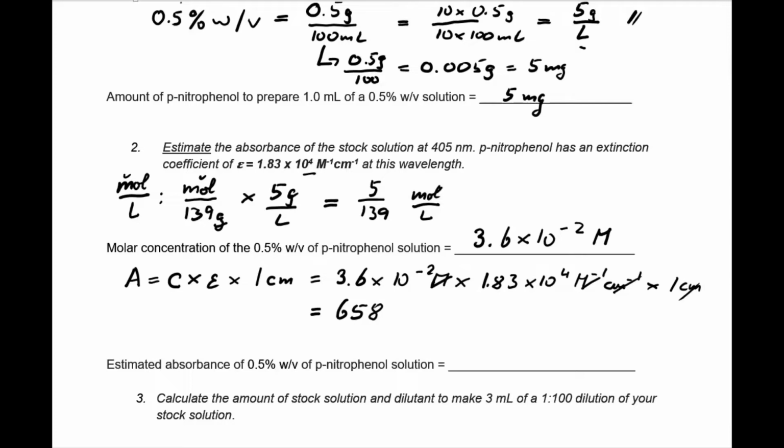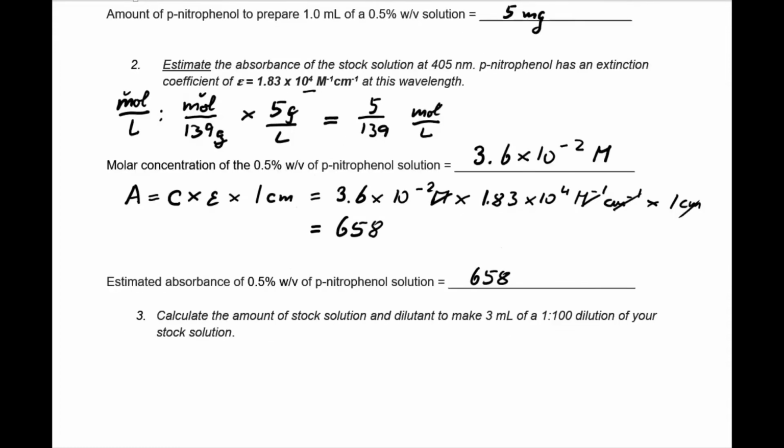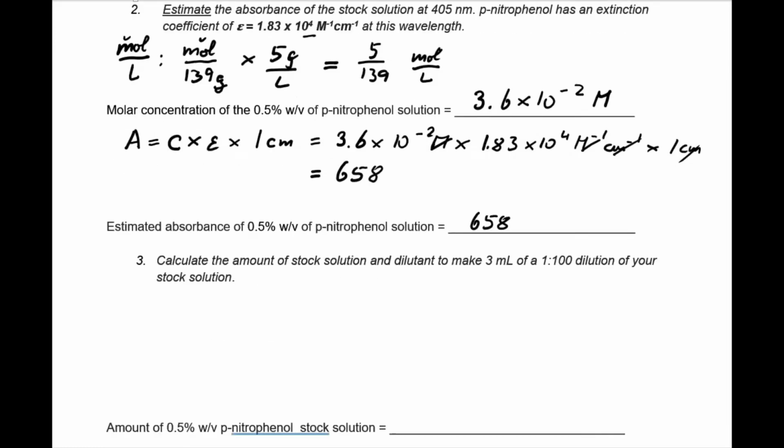Now this is of course far too high to measure, so therefore we need to do some dilution steps. So the estimated absorbance, that was 658 or something like that, 658, 659, but definitely too high to deal with. So what we then want to do is we want to prepare a 1 in 100 dilution, and we want to have a 3 milliliter working solution from that.